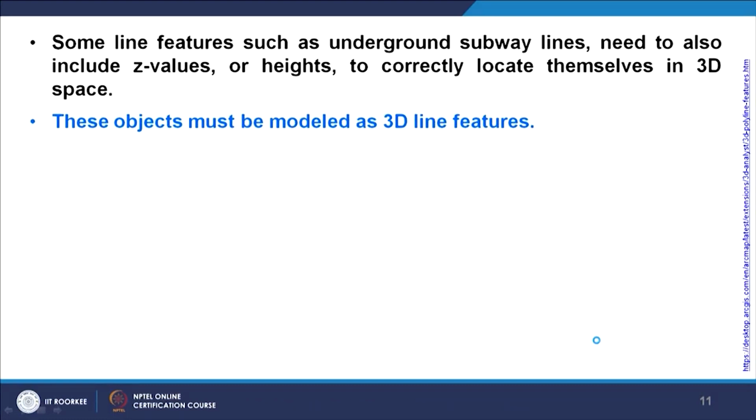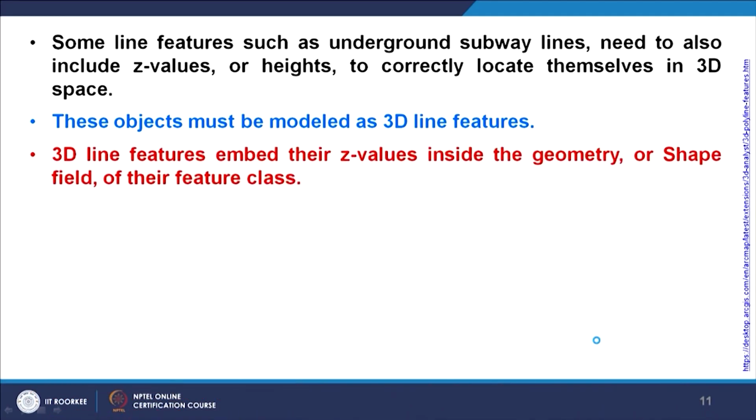And these objects, that means underground lines, must be modeled again as 3D line features. So, the height is always attached as an attribute of each line or each point. Basically, a line is made from continuous points which are interconnected, so the height value is stored against the point.